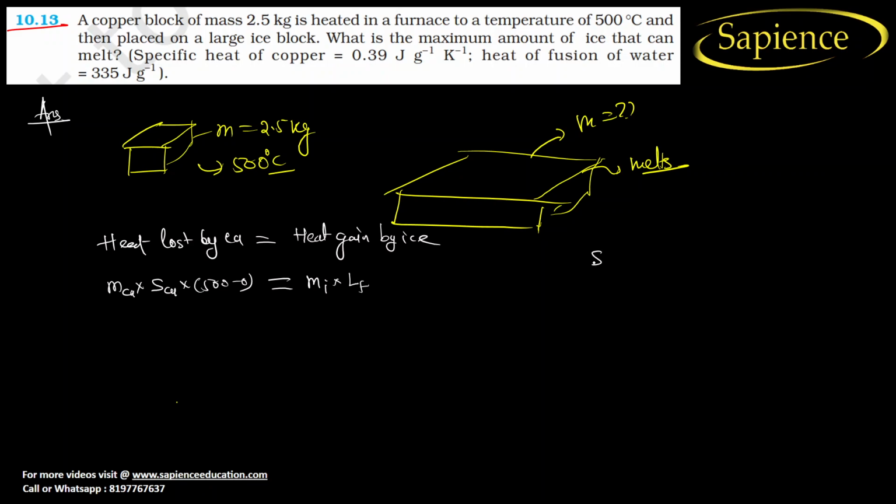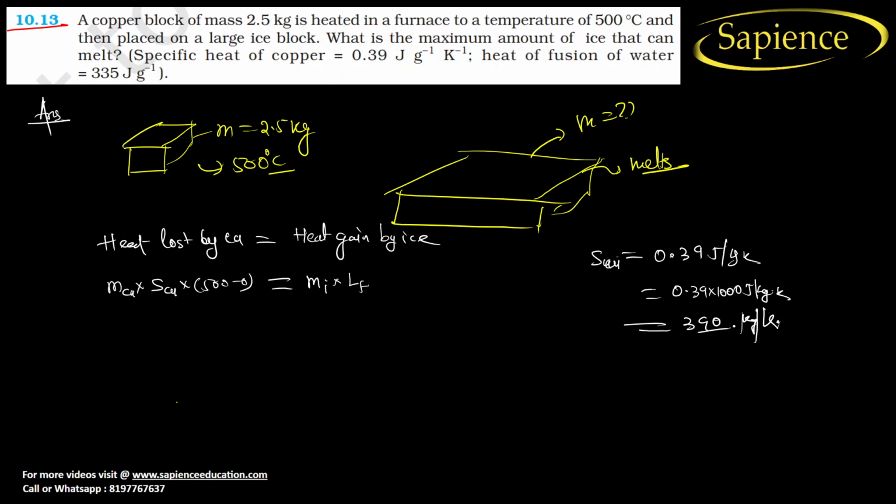Now the specific heat of the copper is given as 0.39 joule per gram Kelvin. I want the standard unit, so we put 0.39 into 1000, which is 390 joule per kg Kelvin.